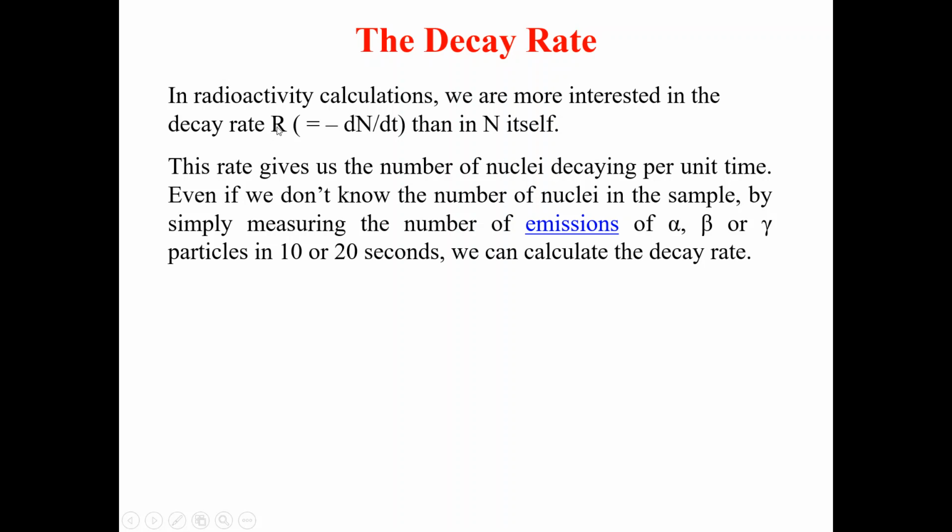Now we have a question: what do we actually get from the decay rate? This decay rate, which we denoted by R, gives us the number of nuclei decaying per unit time. This is a formal definition of the decay rate.